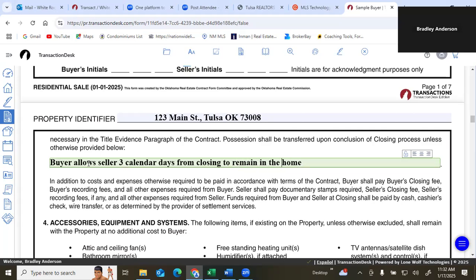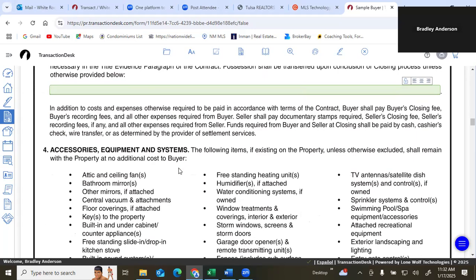I'm just giving you an example of something that you might put in there. All right. In addition to costs and expenses otherwise required to be paid in accordance with the terms of the contract, buyer shall pay buyer's closing fee, buyer's recording fees, and all other expenses required from buyer.